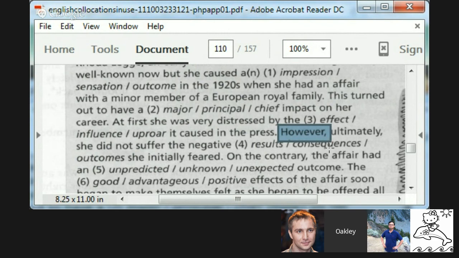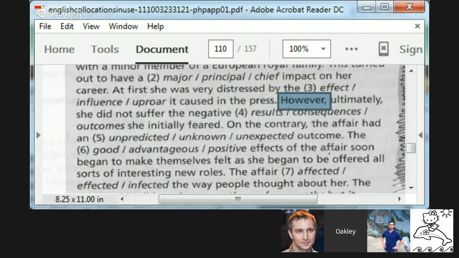Okay, Heidi, from However. However, ultimately, she did not suffer the negative consequences. Very good. She initially feared. That's right. She did something, so she did not suffer the consequences. All right, very good.